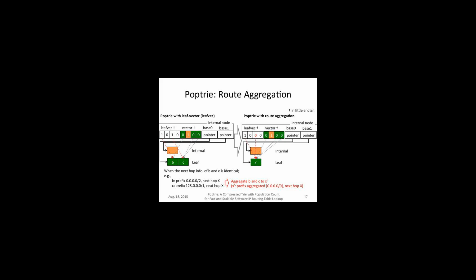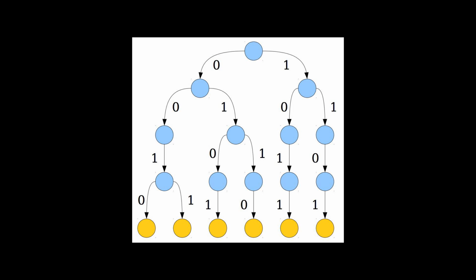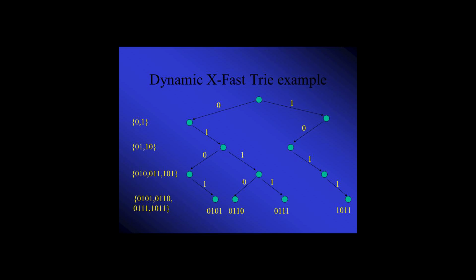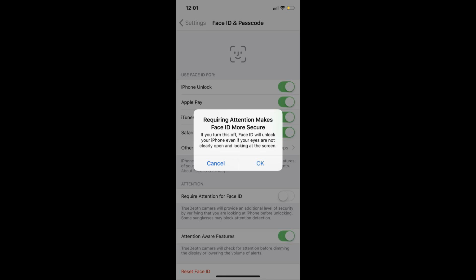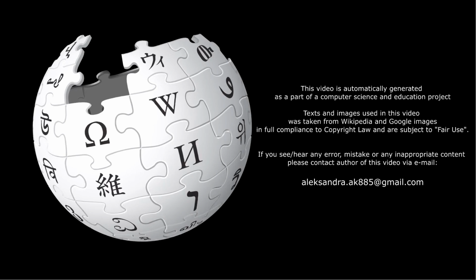Successor(k): find the key-value pair with the smallest key larger than or equal to the given key. Predecessor(k): find the key-value pair with the largest key less than or equal to the given key. Insert(k, v): insert the given key-value pair. Delete(k): remove the key-value pair with a given key.